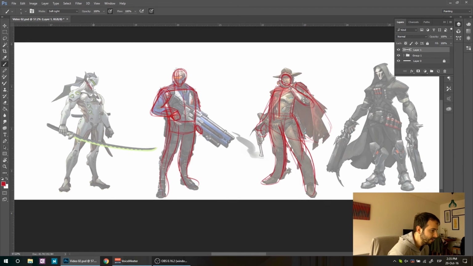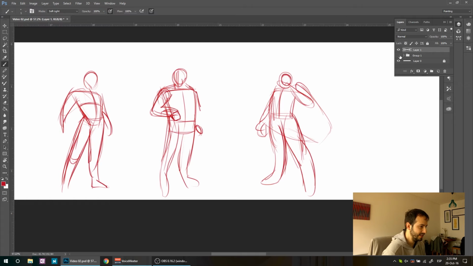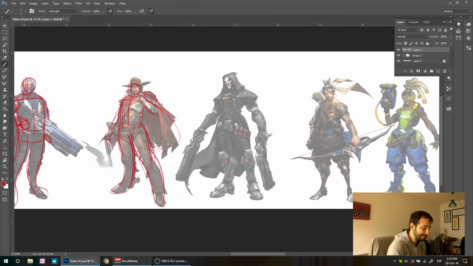Now here with Genji it's the same thing, but he's a ninja, so he's going to have this triangle shape and the legs are going to be a little bit smaller, so you can understand that you're talking about a fast character, this Spider-Man type of body, you know what I mean? Now that I see this, they are not very much alike, but they're still around the same thing.